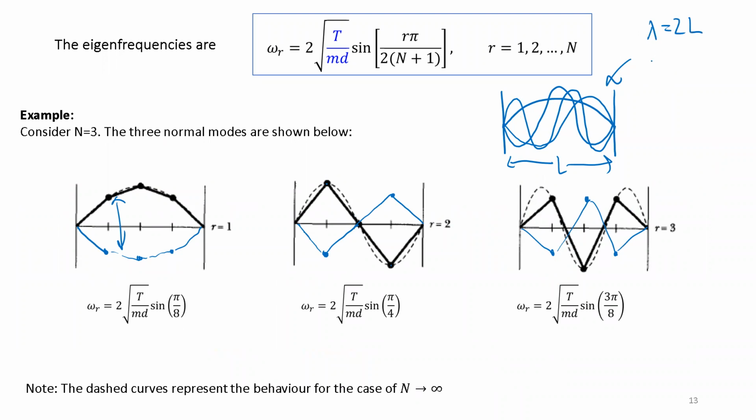Then the next one is L, and the next one is 2L divided by 3, and so on. By using this definition, k equals 2 pi divided by lambda, so you should be able to find k.